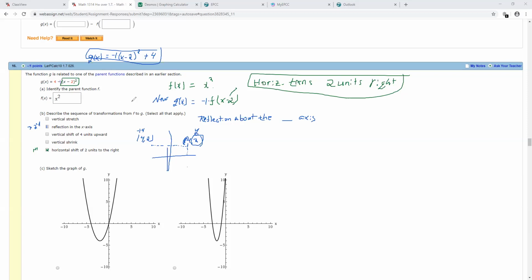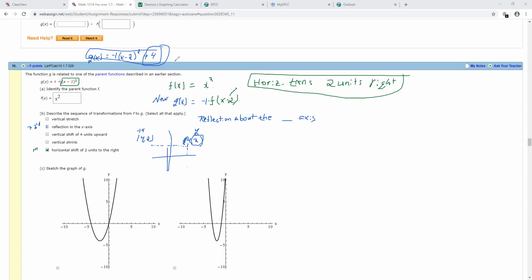And then the third thing is if there's any addition or subtraction outside of the function. And there is right here. They wrote it in the front. So what's this called right here, Megan? When you add or subtract, that's a translation. And if it's inside the function, that was this one, the horizontal one. But this one is outside, so it's not a horizontal shift.